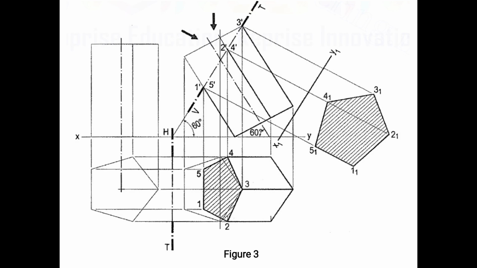Then you project the corresponding points from the cutting edge, from 1 dash to 5 dash, at their distances from the reference line, to get the corresponding section points in the true shape. Finally, you join 1 double dash, 2 double dash, 3 double dash, 4 double dash, 5 double dash. You will get the final true shape of the section.